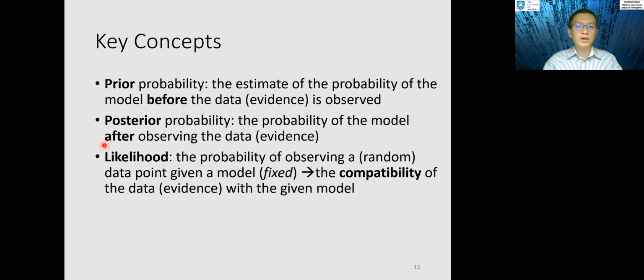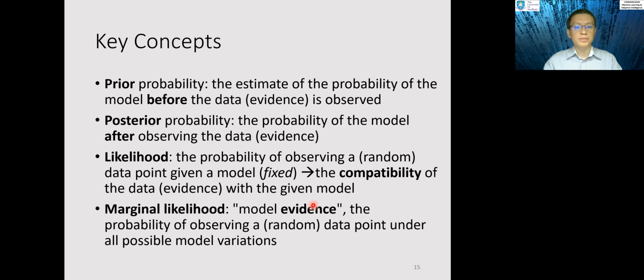And the likelihood is the probability of observing a data point given a model. So here we consider the model to be fixed and consider the data points to be random. So this likelihood is actually examining the compatibility of the data with the given model.